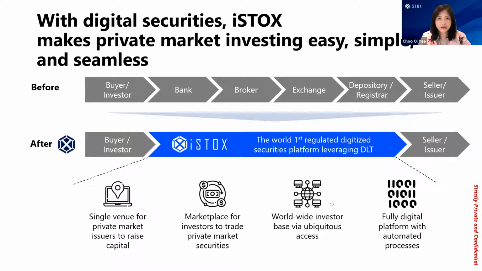Our investments are really in the team and the people here building the platform and the coding across the iSTOX platform. So from a cost perspective, because everything is on one system and not disintermediated into large broker systems and the exchange systems, we've managed to keep the costs down to a minimum. Our ops team is very, very lean and mean. And really it's because we think with the use of technology, we can bring the cost down very, very low. And all of that is managed very efficiently.